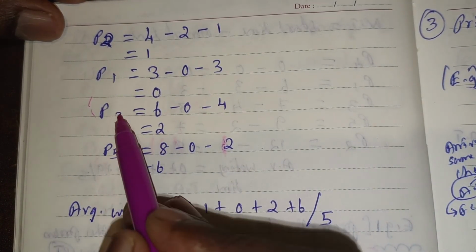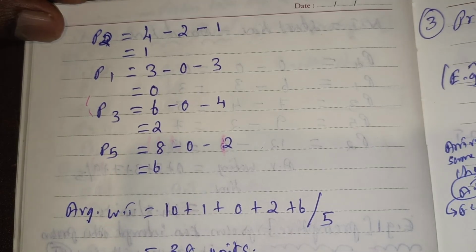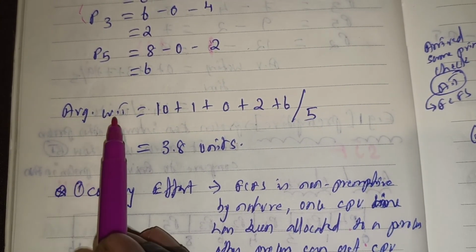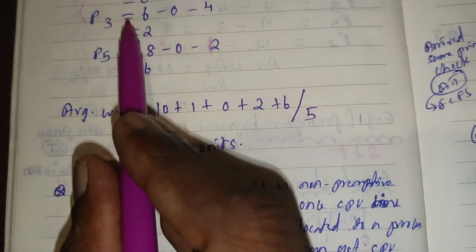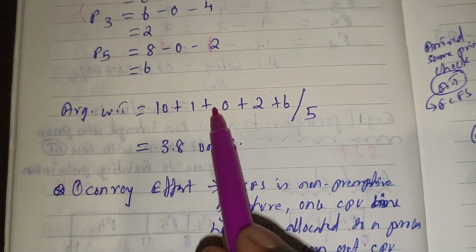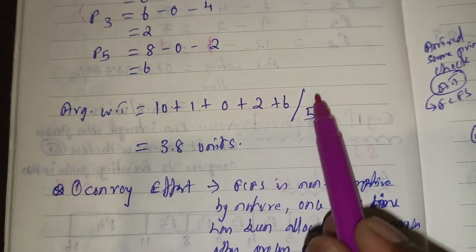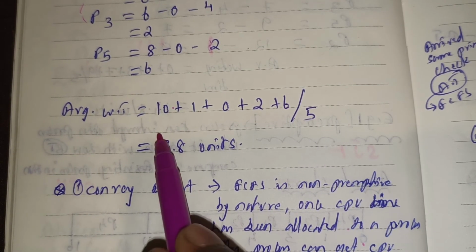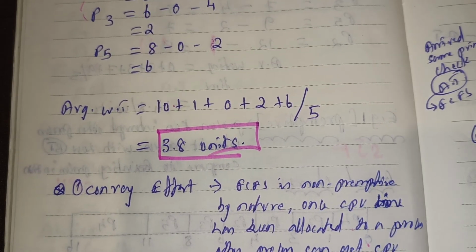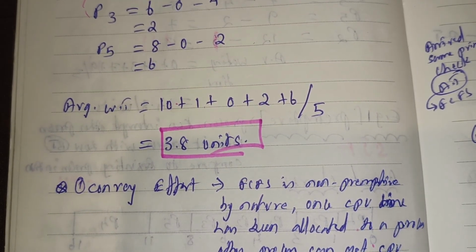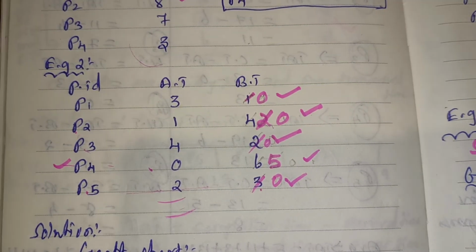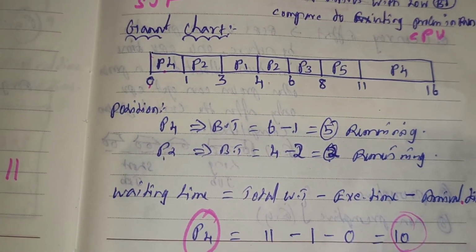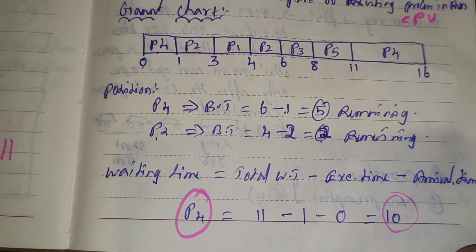Accordingly, P1, P3 and P5. After doing all these, you need to calculate the average waiting time. That is the answer for all the other processes: 10 plus 1 plus 0 plus 2 plus 6 divided by 5. Totally, the average waiting time is equal to 3.8 units, right? So this is how preemptive SJF scheduling actually works. I hope you understand the video. Thank you.